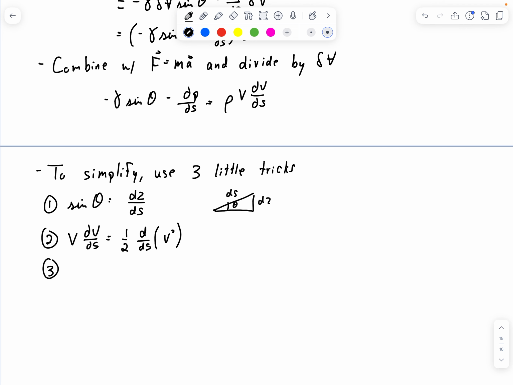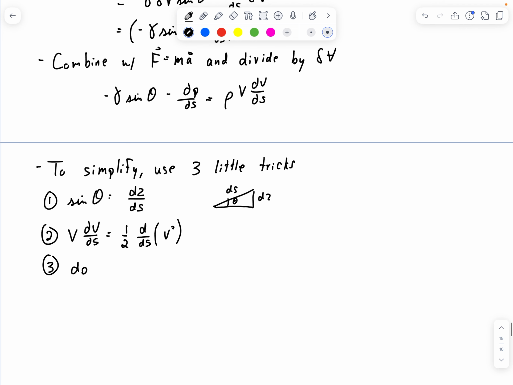And third, we're going to do something about this dp term. So we're going to say dp we know is equal to del P by del S times ds plus del P by del N times dN. But we're going to use the fact that dN is always equal to 0 because N is constant along a streamline.